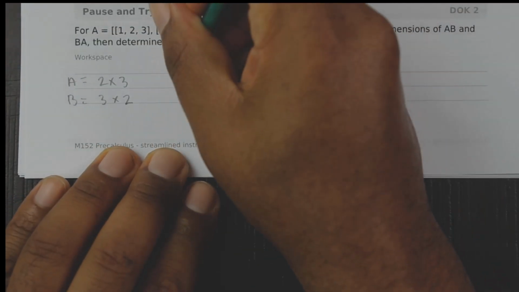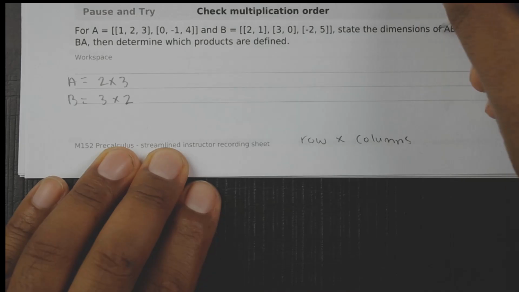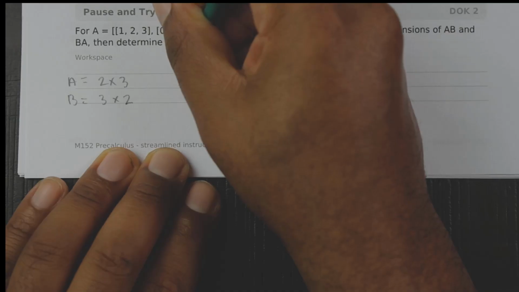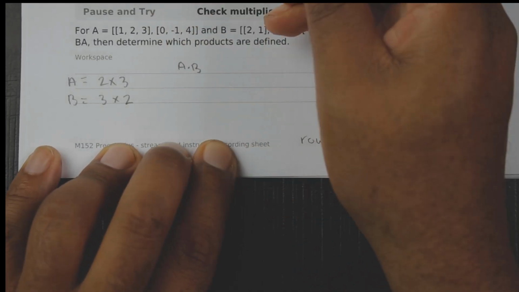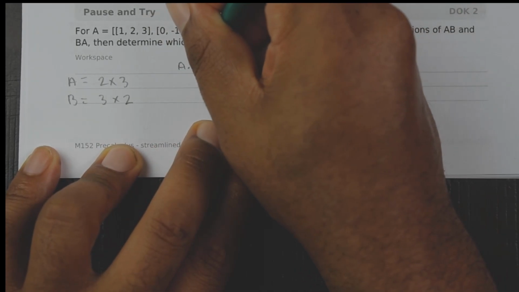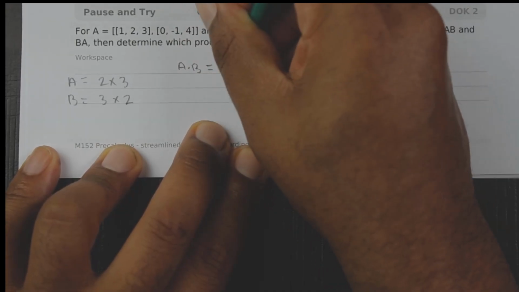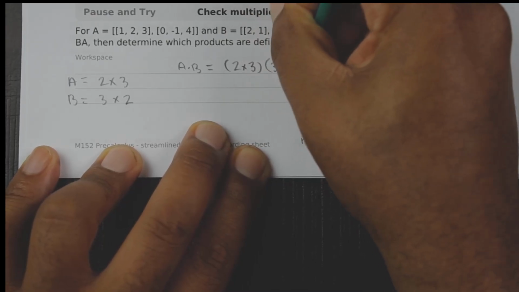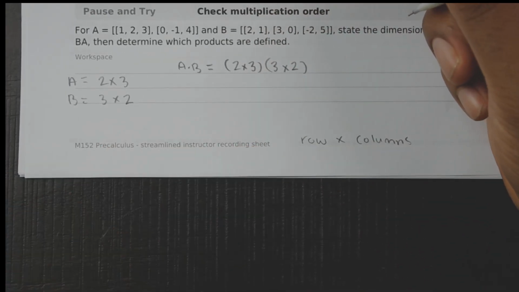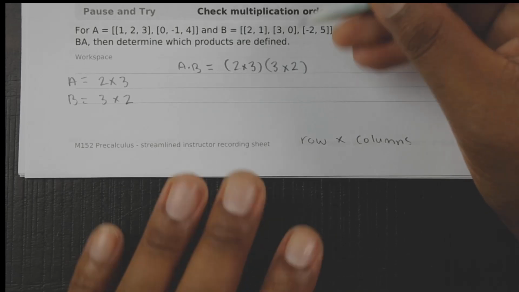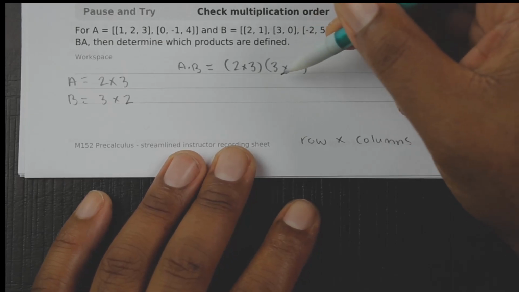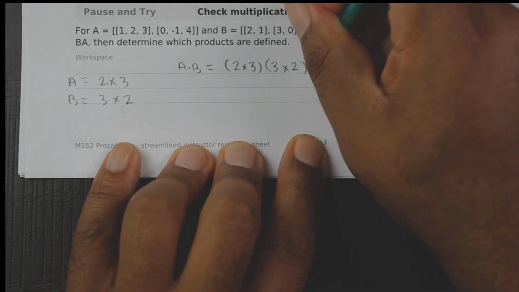okay? So therefore, it says state the dimensions of AB and BA, so AB, or A times B, would essentially be 2 times 3 and 3 times 2, okay? So what we can look at is these inside terms. The inside dimensions are both 3.